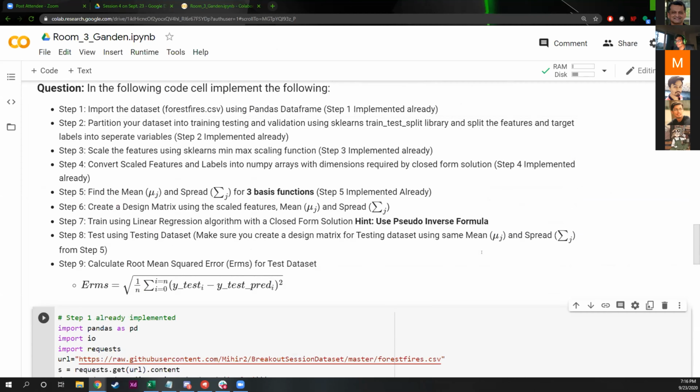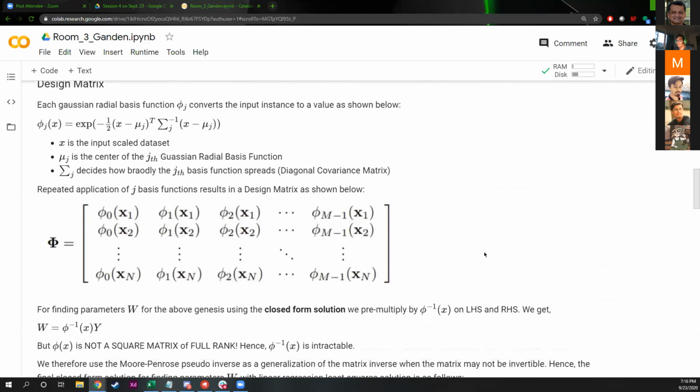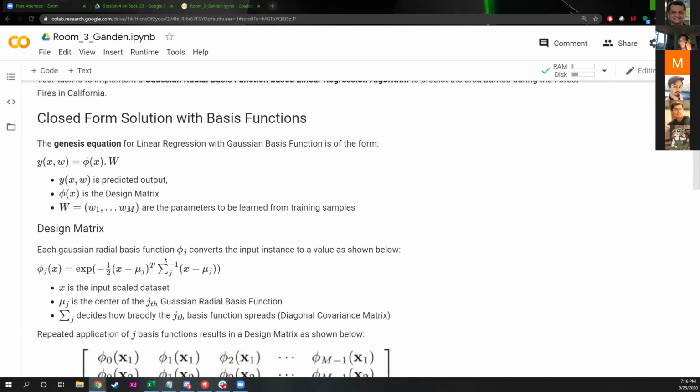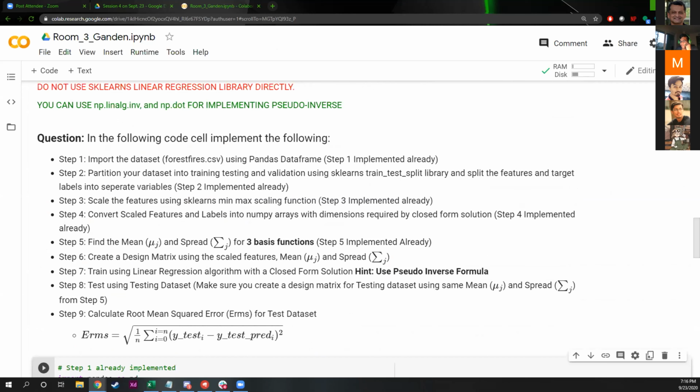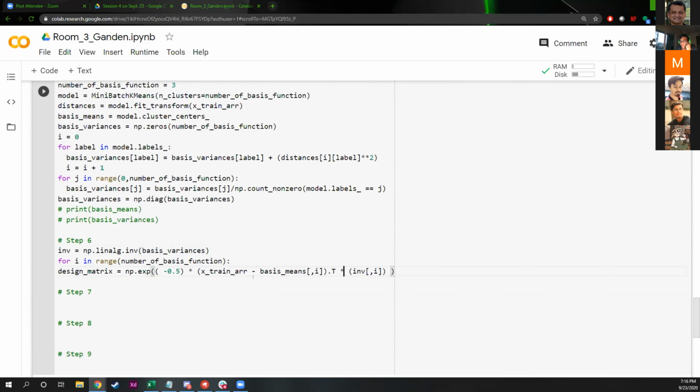I'm not sure about that. But I think it's multiplied. We can go with multiplication for now and then circle back. What do you think? Okay.